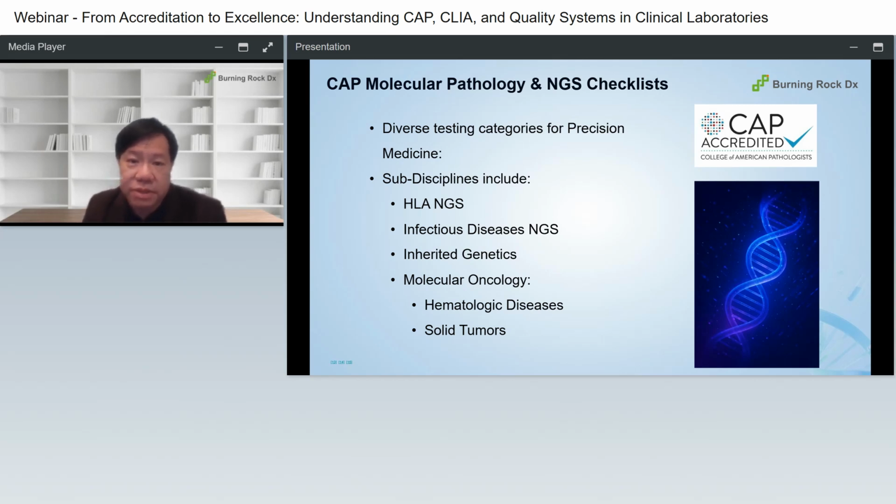Because of a lot of interest in molecular pathology and NGS testing, I want to dive a little bit into molecular pathology. So the CAP molecular pathology checklist is broken down into subdisciplines, including HLA, NGS infectious disease, and NGS inherited genetic, for example, cancer predisposing genes, such as BRCA, Lynch type of test.